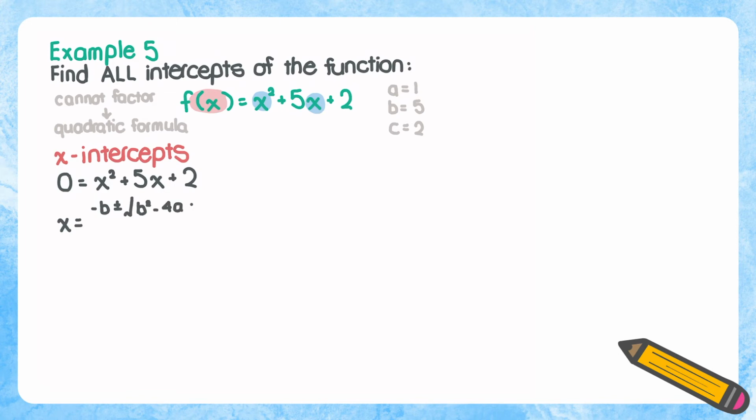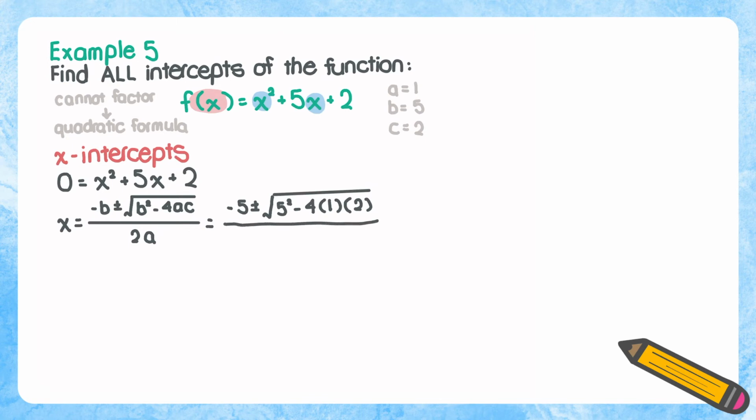x is equal to negative b plus or minus the square root of b squared minus 4ac all over 2a. Okay, and then I'm going to plug in each value. So I have negative 5 plus or minus the square root of 5 squared minus 4 times 1 times 2 all over 2 times 1.